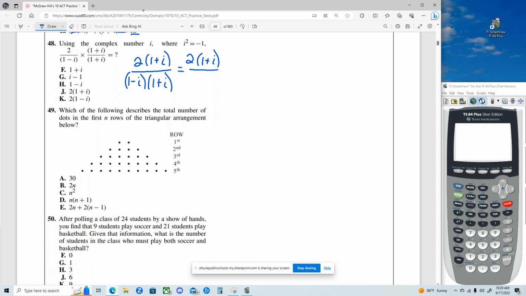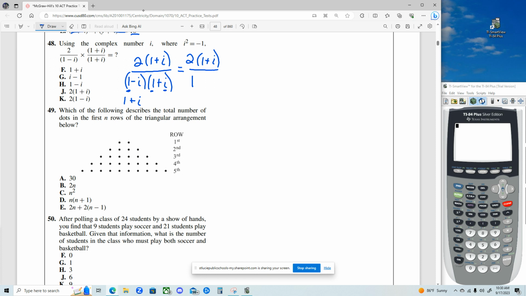And now when we multiply, we have like the square rules, where you multiply 1 times 1, we're going to get 1. When we multiply here, let me FOIL it this way. First times first, 1. And then outer times outer, 1 times i, plus i.